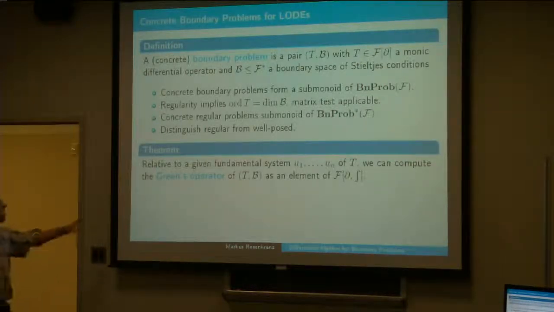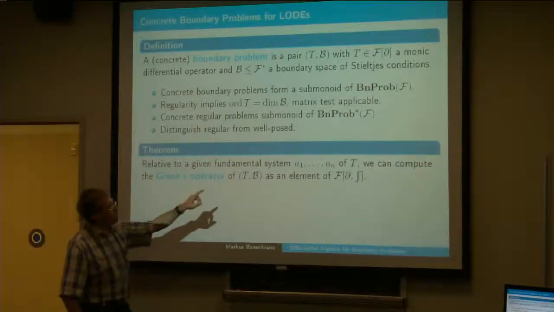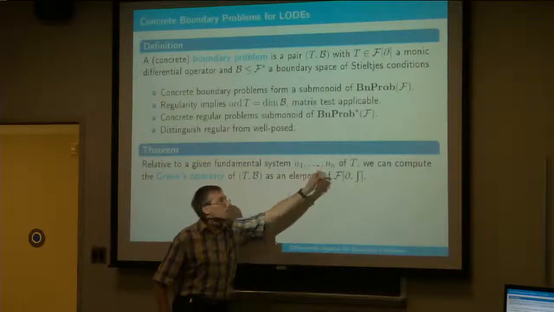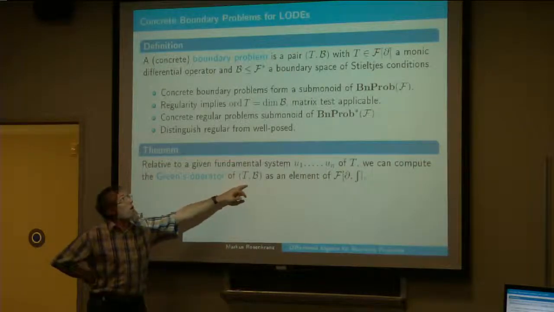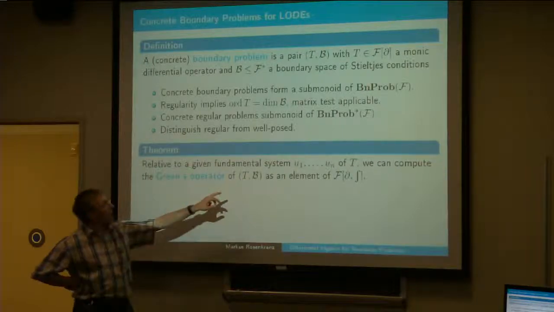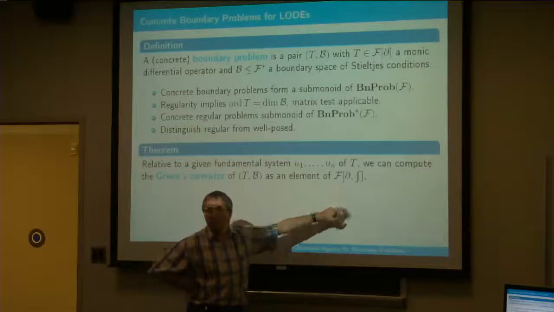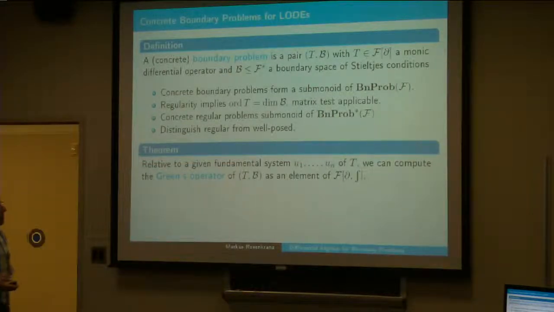Okay, and now the main theorem for this part is that if I'm given a fundamental system of the kernel of T, a basis of the kernel of T, then for any boundary problem in this sense, I can compute the Green's operator in this operator ring. I have an algorithm that gives me a representation of this Green's operator.